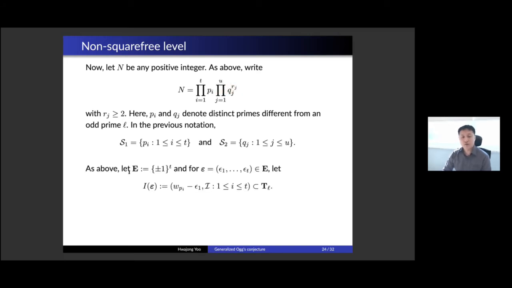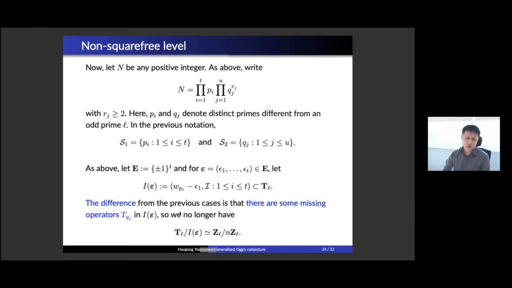So as above, let E be the T-tuple of plus or minus 1, and epsilon be an element of this tuple, and define this new Eisenstein ideal. And then, we want to copy the previous argument.